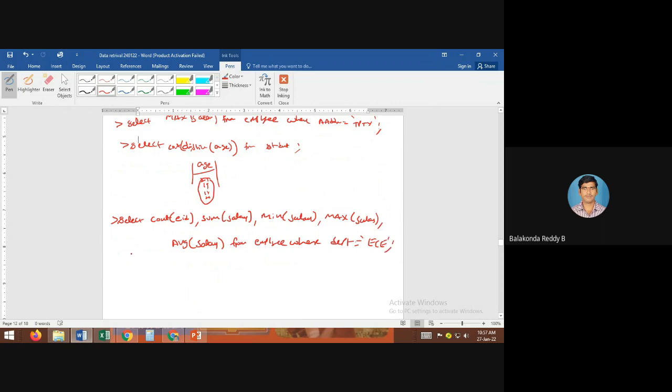What is the output of this query? Sir, it will display the ECE employees count, their respective sum of salary, minimum salary, maximum salary, and average salary. Very good.